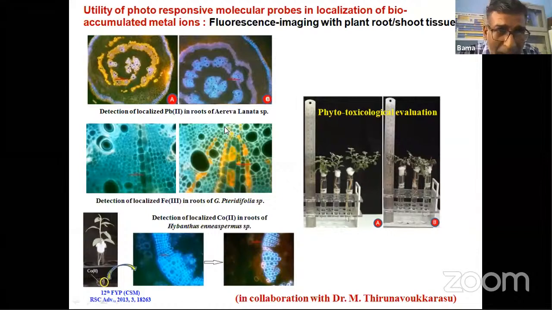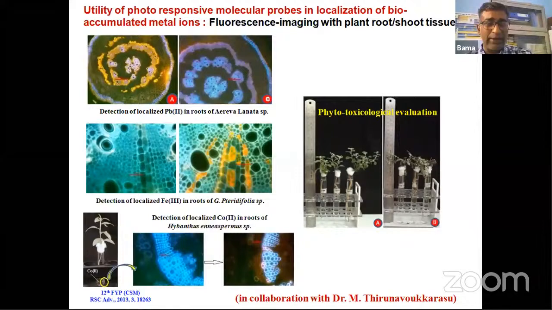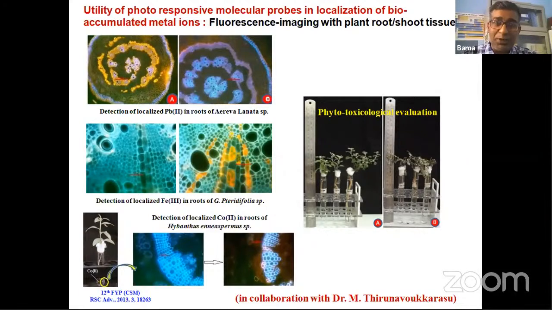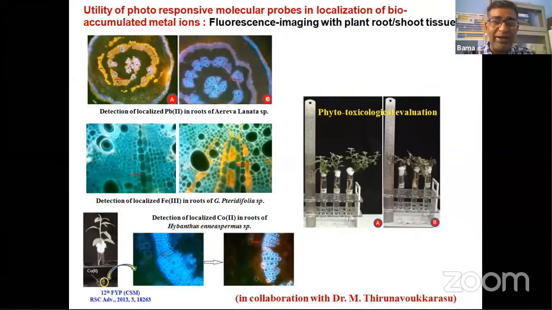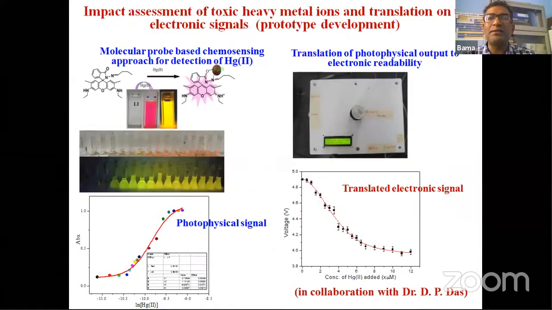Everywhere we can find that the uptaken metal ion by that particular plant can be detected with this kind of molecular probes through a similar structure-function correlation mechanism, the opening of the spiro ring and all those things. So these are a few more examples on this.